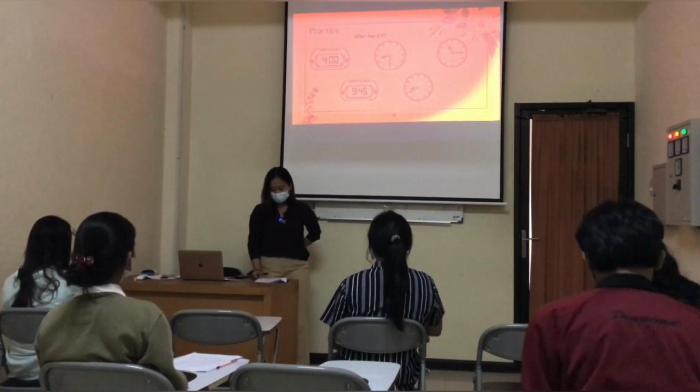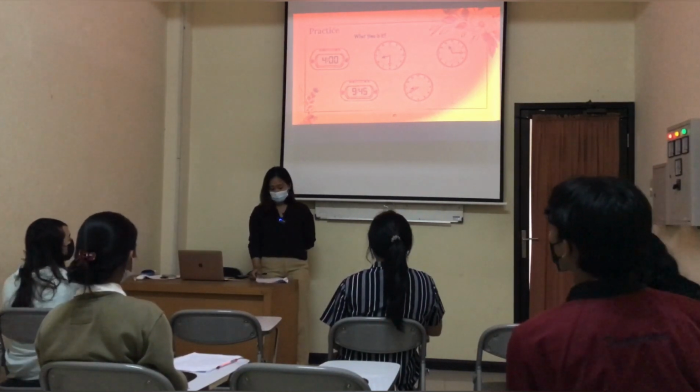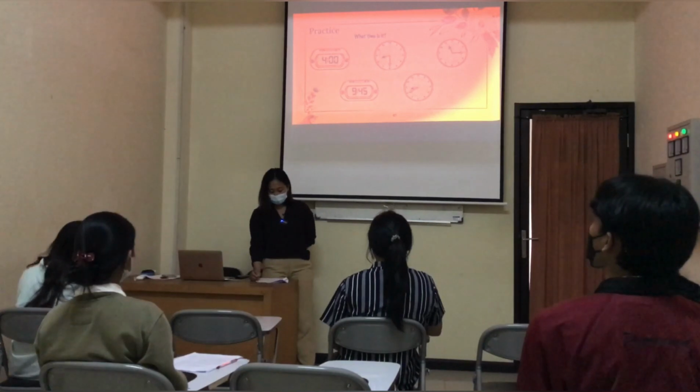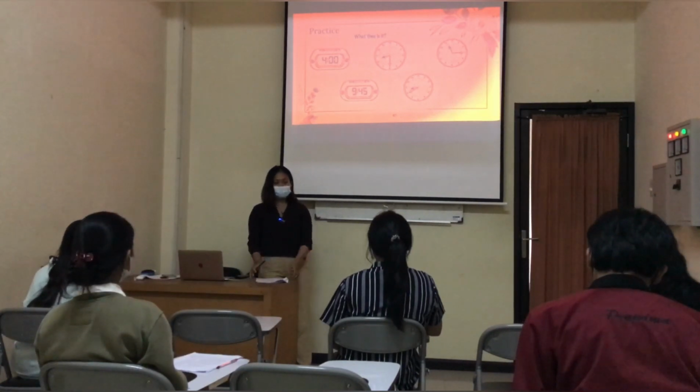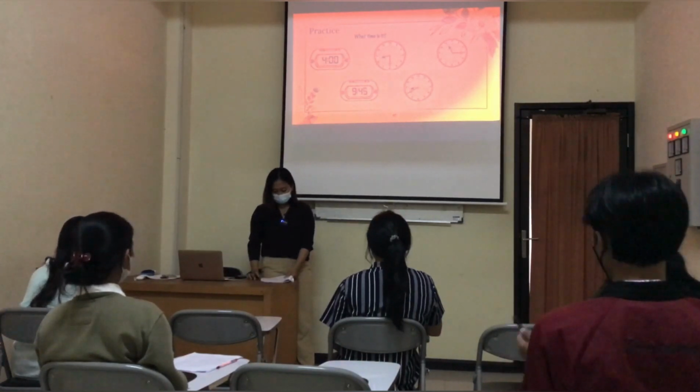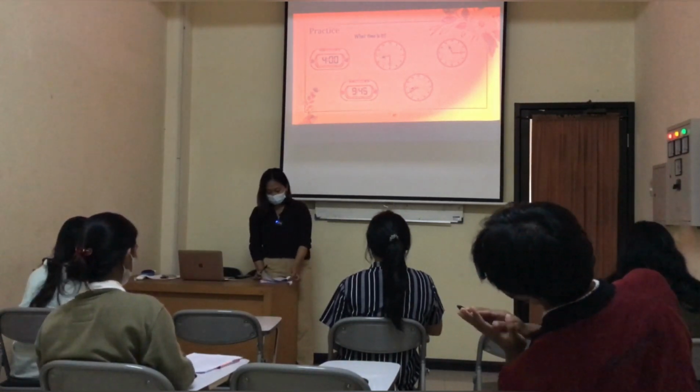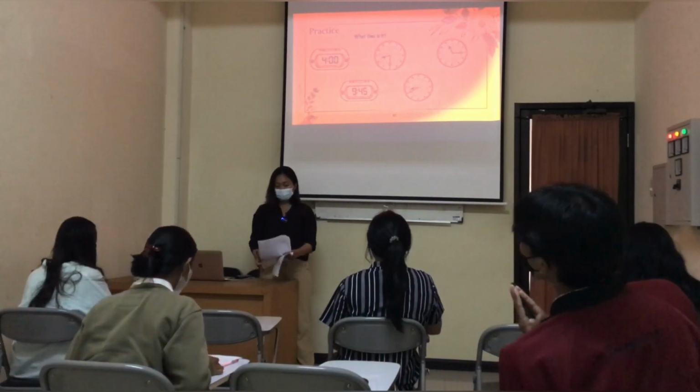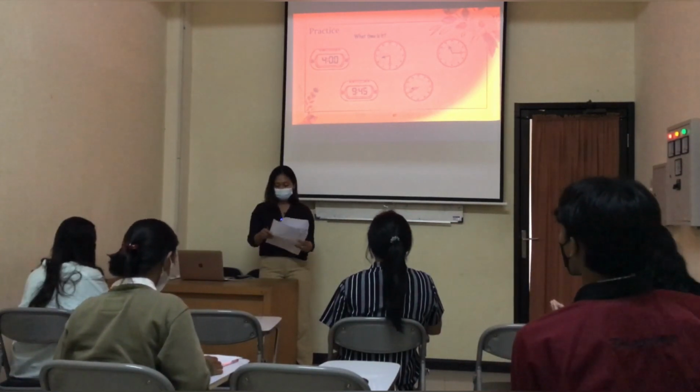Now I will give you a piece of paper with some pictures on it, and you have to match the words and the pictures related to the time. And this test will practice your understanding about telling the time.